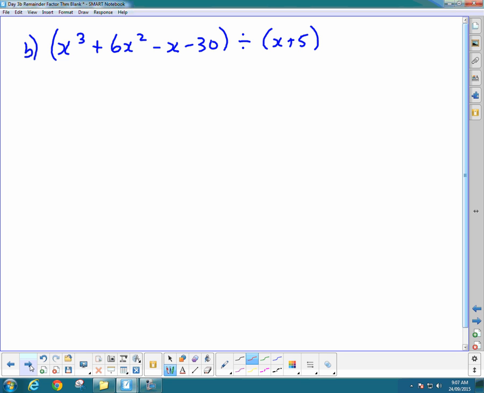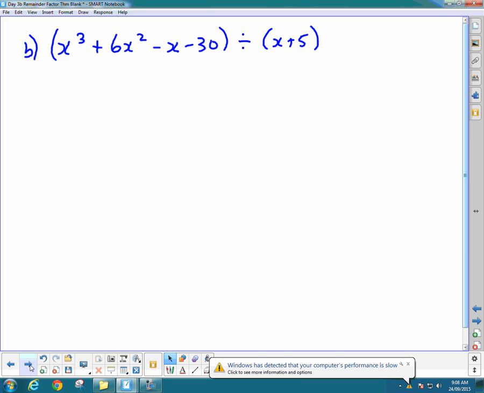So let's do it again with this one. Again, if you need to push pause to allow the people to copy it down, the class in front of me is going to copy it down. This time, the polynomial, which is x cubed plus 6x squared minus x minus 30, is being divided by x plus 5.